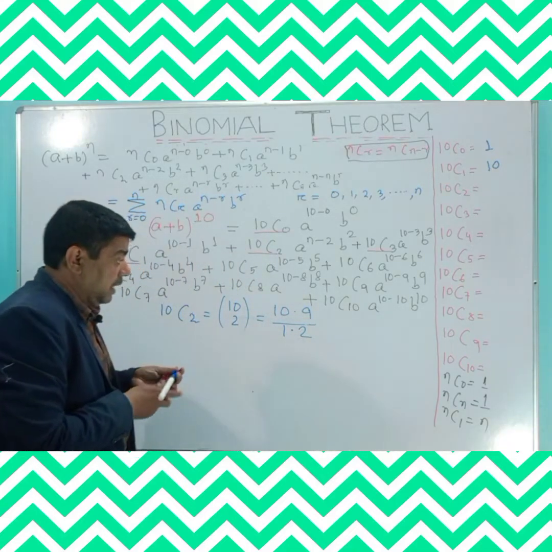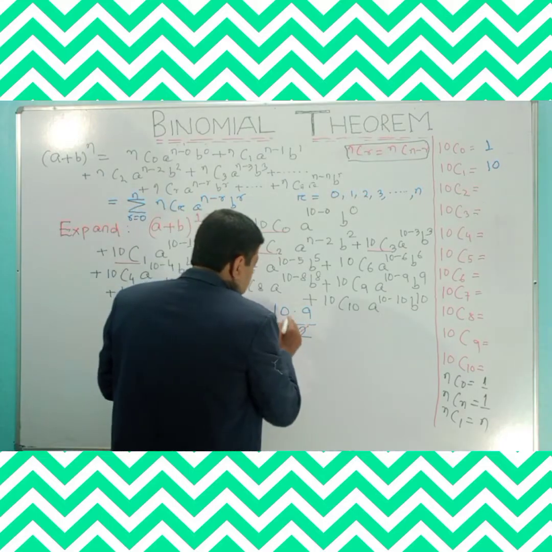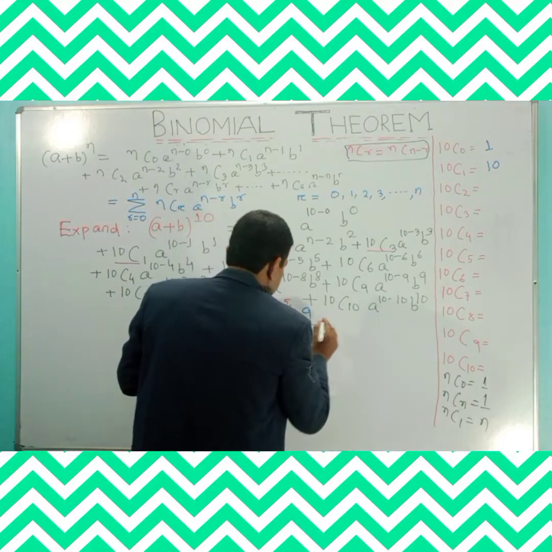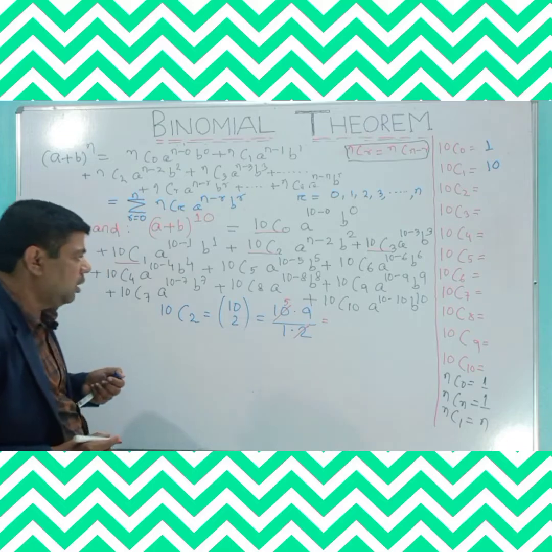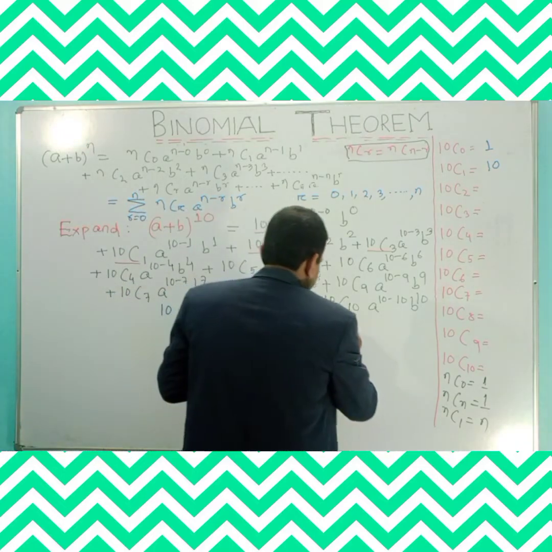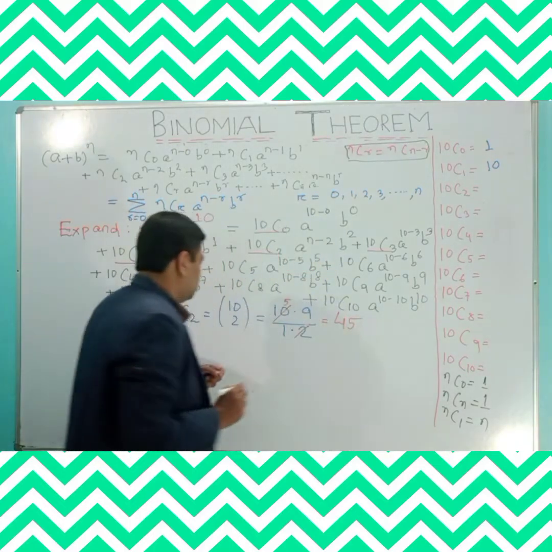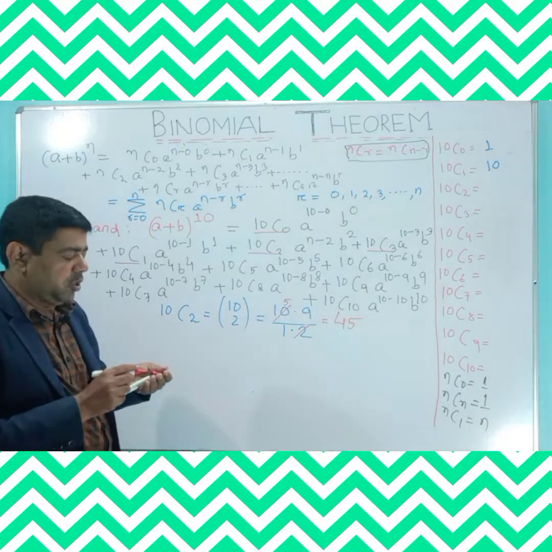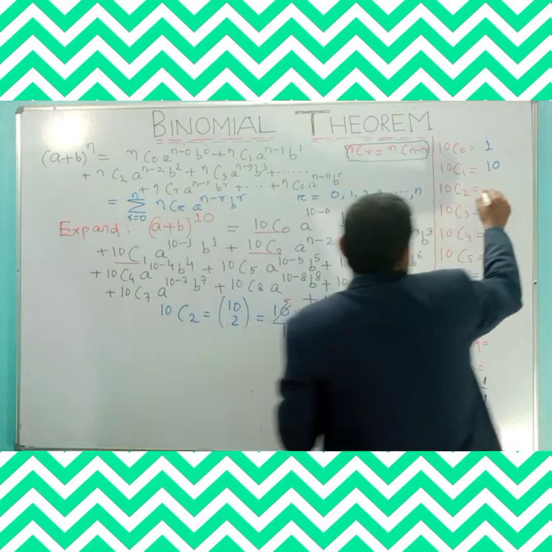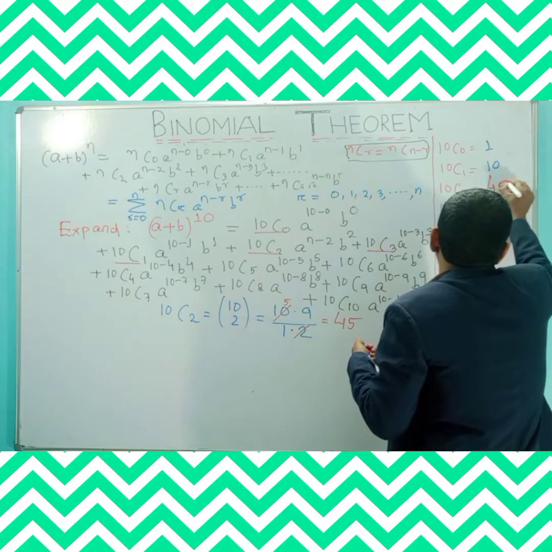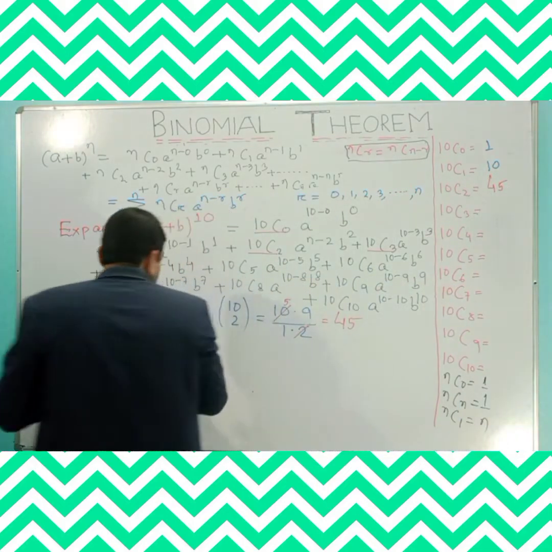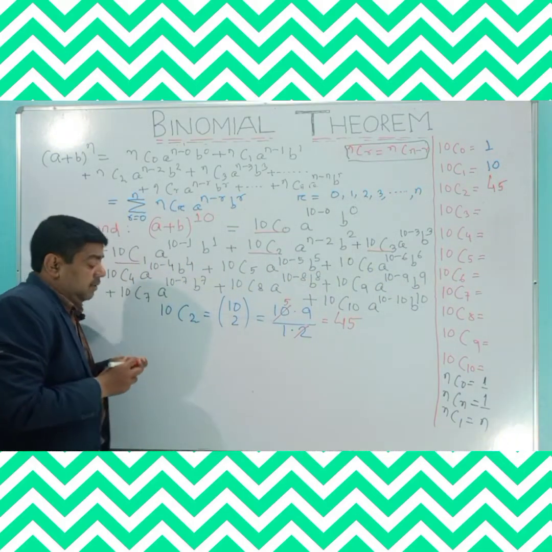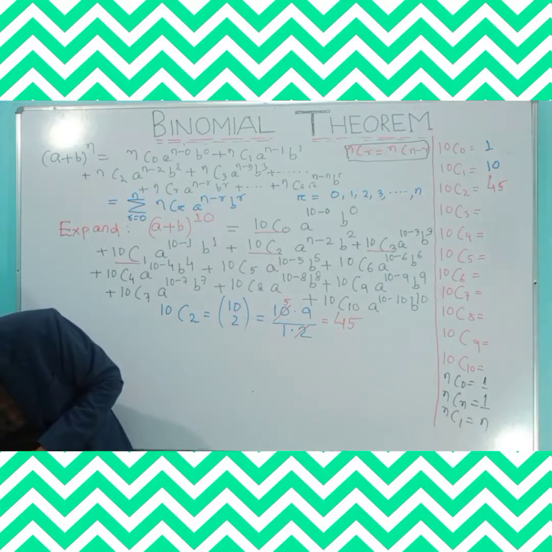So we cancel here: 2 5 is 10, and 9 5 is 45. So 10C2, the value is 45. Write down 45. Okay, understand? Note down.